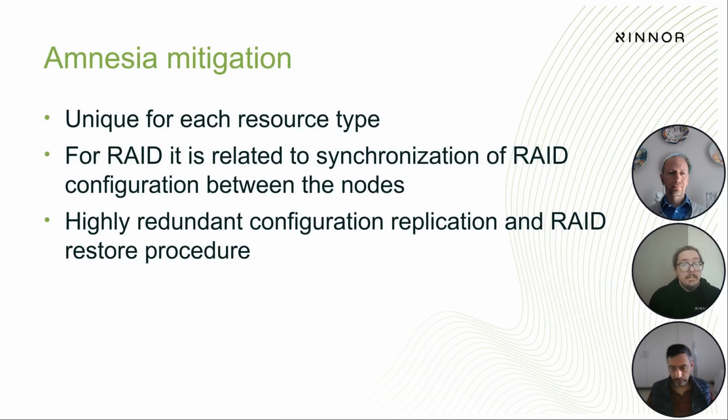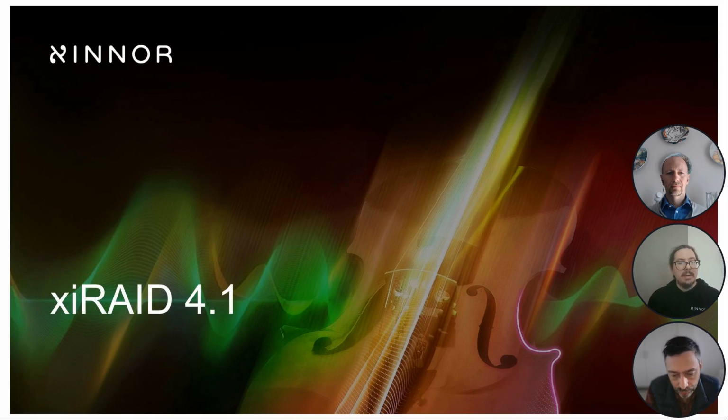The typical approach to deal with it is to add more intelligence to the replication of the configuration files across the cluster, as well as adding redundancy in terms of how many copies we have. And we will get to that very soon.